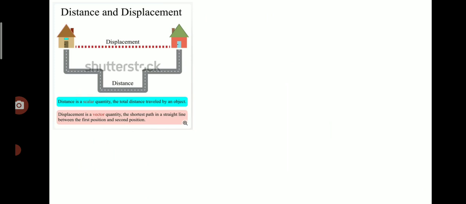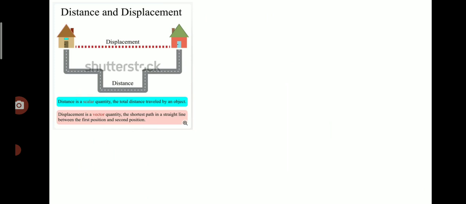Let us start with how to differentiate between distance and displacement. In this figure you will see two houses kept apart by a certain distance. The road is joining these two houses, and in this way distance is shown as well as the displacement.